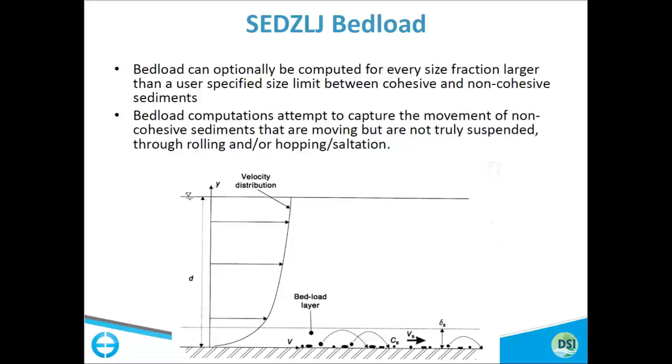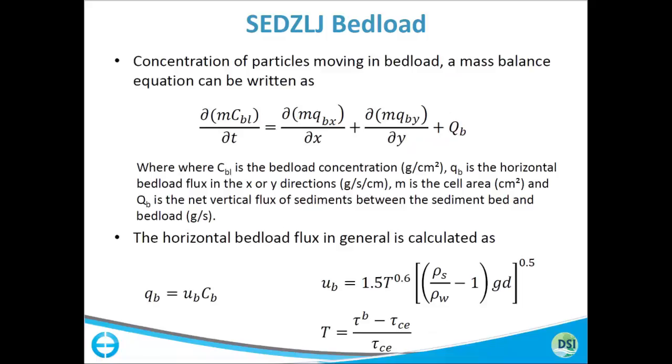And then again, we have this velocity term. So how is that done? This is the correction that we have made to the mass balance, or the transport for the bed load: we have added the cell area into the mass transport equation, because originally these are unit concentrations of grams per cubic centimeter, or grams per meter squared, depending upon where you are internally in the EFDC code.